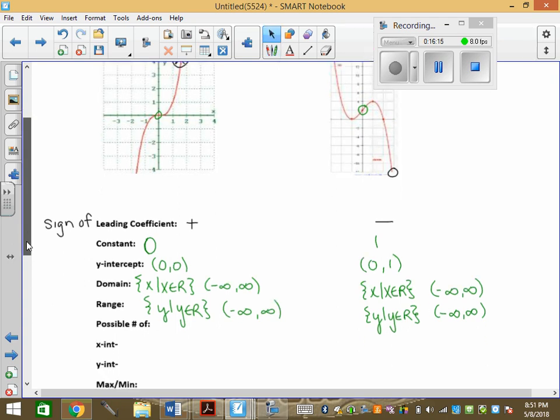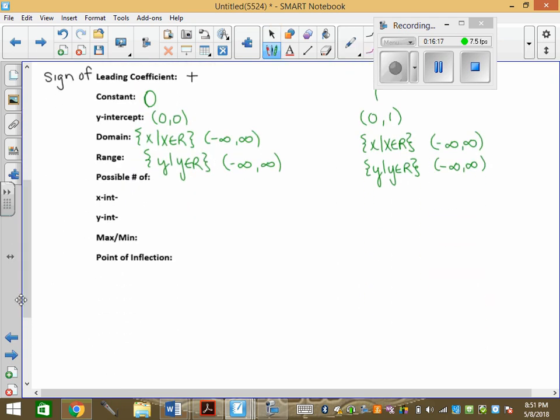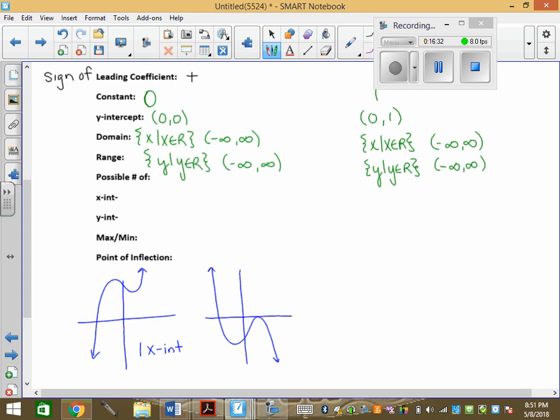Number of x-intercepts, I'm going to do at the bottom again. So with degree 1, I could have 1 x-intercept. With degree 2, I could have 2. With a tangent that bounces down, 1 x-intercept. I could have 2 x-intercepts.